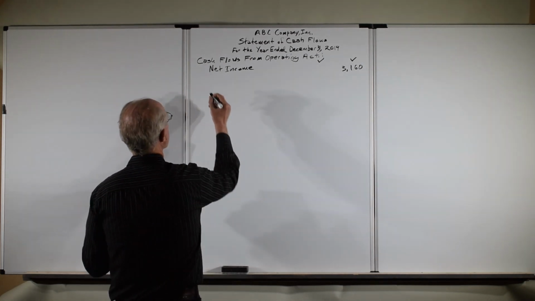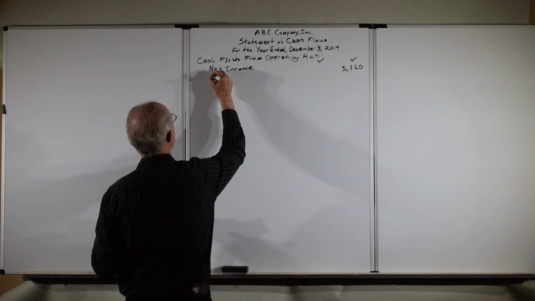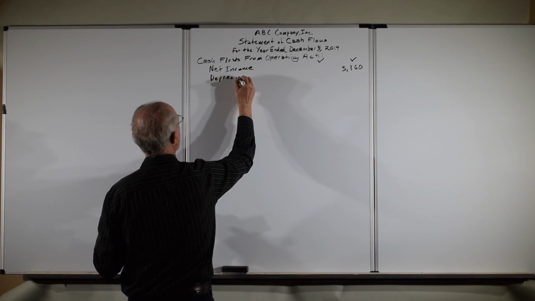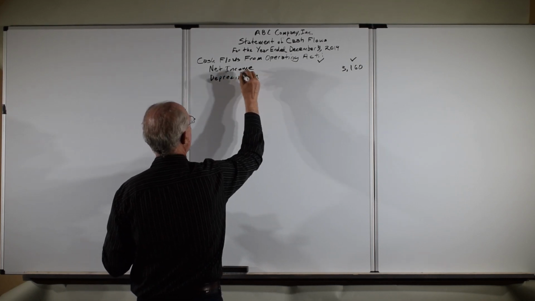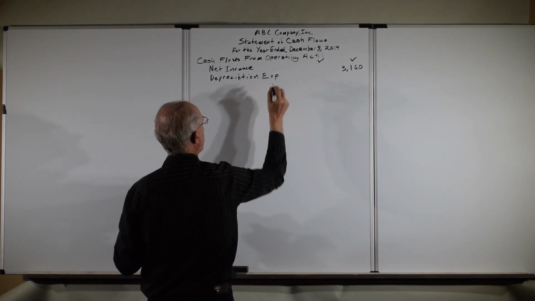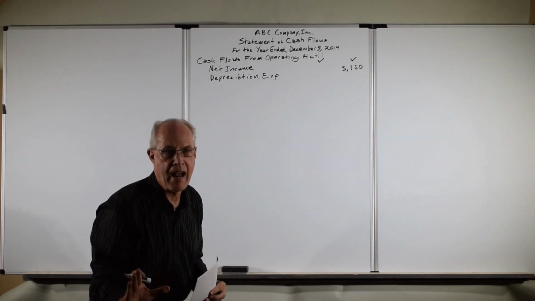$2,000. So we're going to subtract out the depreciation. So depreciation expense. Now I say we're going to subtract it. We're actually going to back it out.